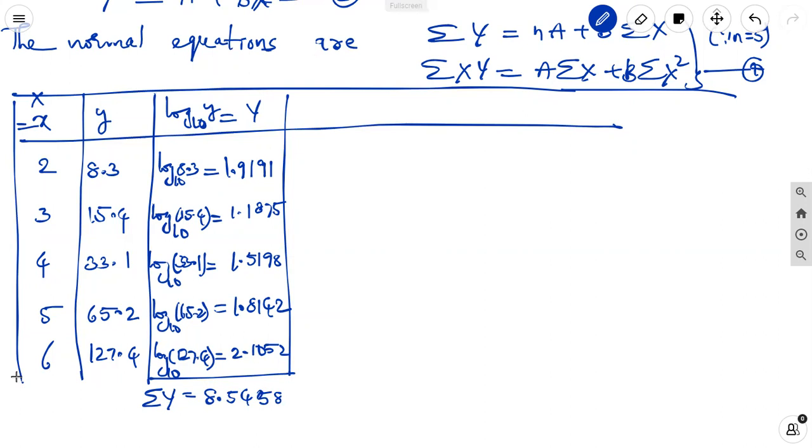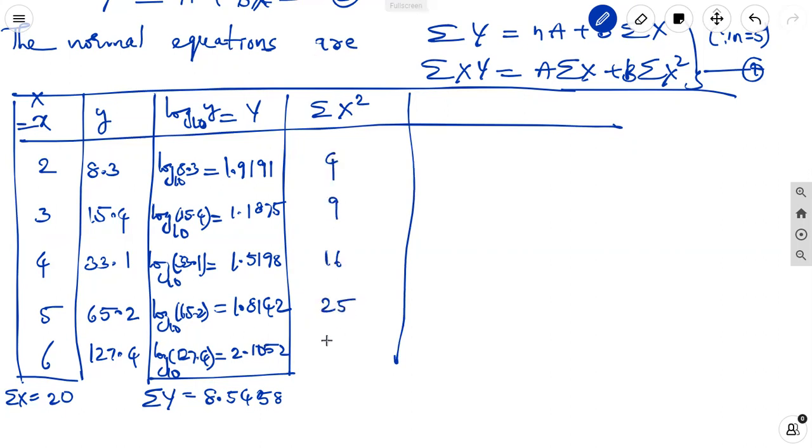Summation of all these values, sigma Y is equal to 8.5458. The sigma X equal to 2 plus 3 plus 4 plus 5 plus 6, that is 20. Next, sigma X square: 2 twos are 4, 3 threes are 9, 4 fours are 16, 5 fives are 25, 6 sixes are 36. So sigma X square equal to 90.